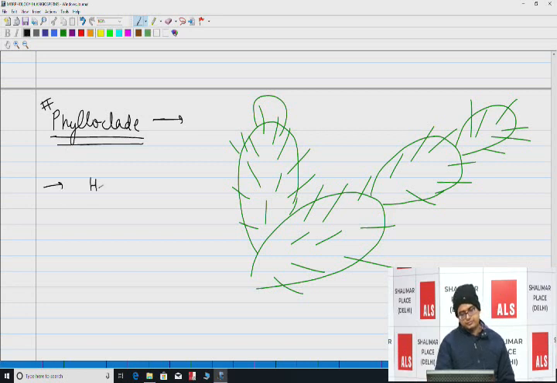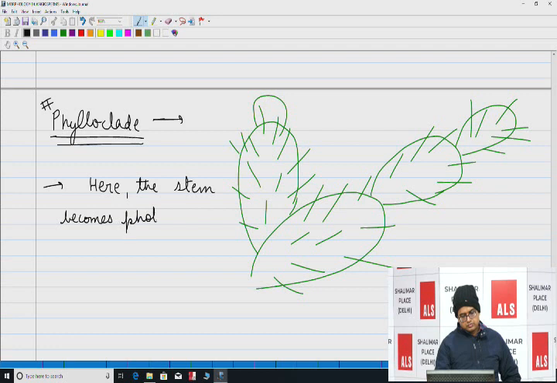Here, in phylloclad, the stem becomes photosynthetic and leaves are reduced to spines.